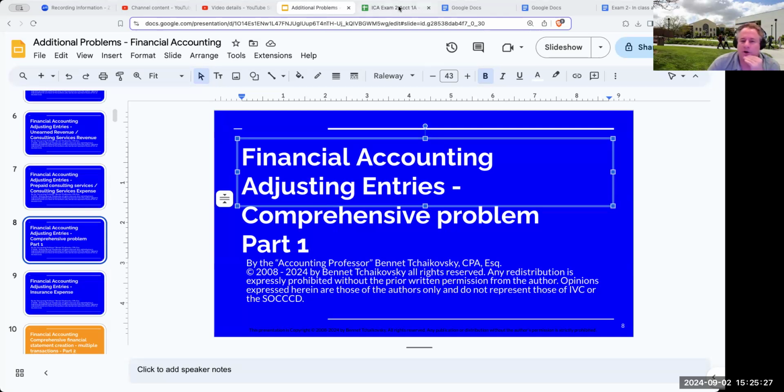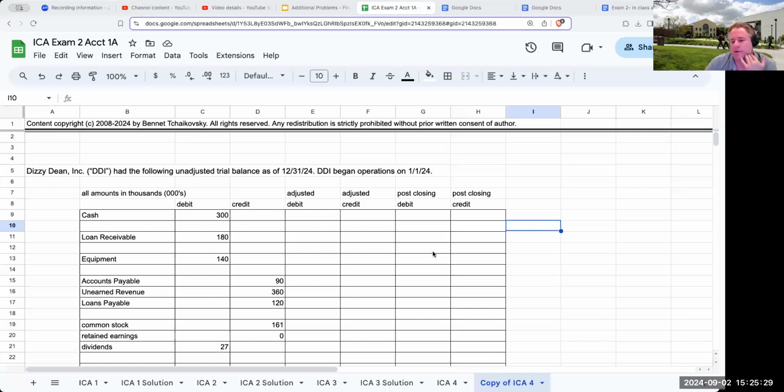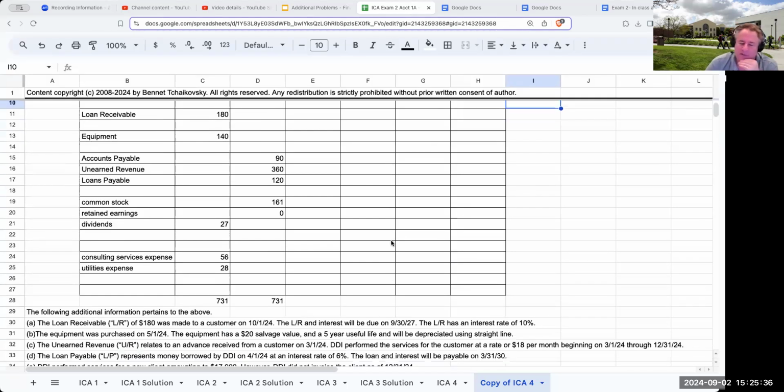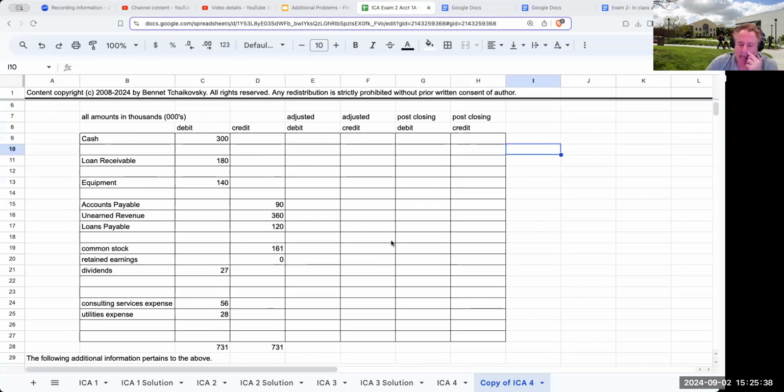So here we are. This is basically part one, where we'll be going through and working through a real live trial balance and trying to figure out this part of it. I've tested this type of question a lot of different ways.